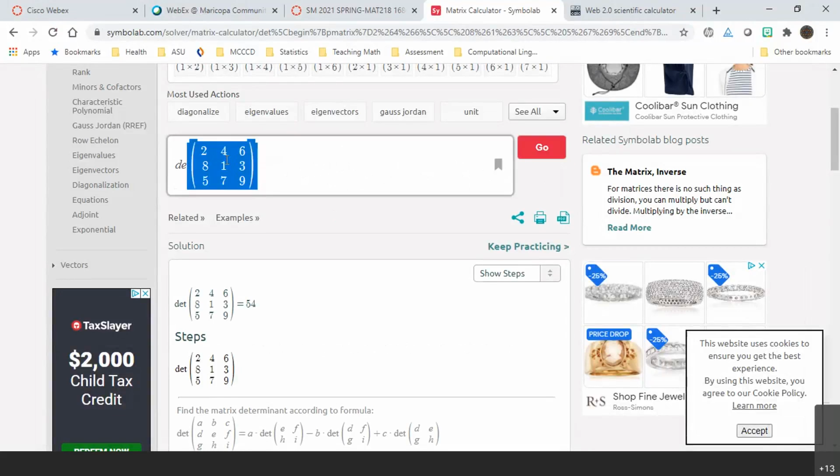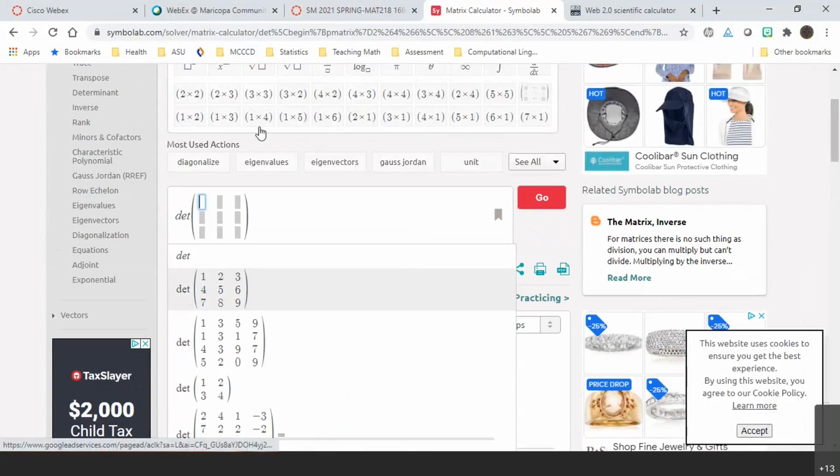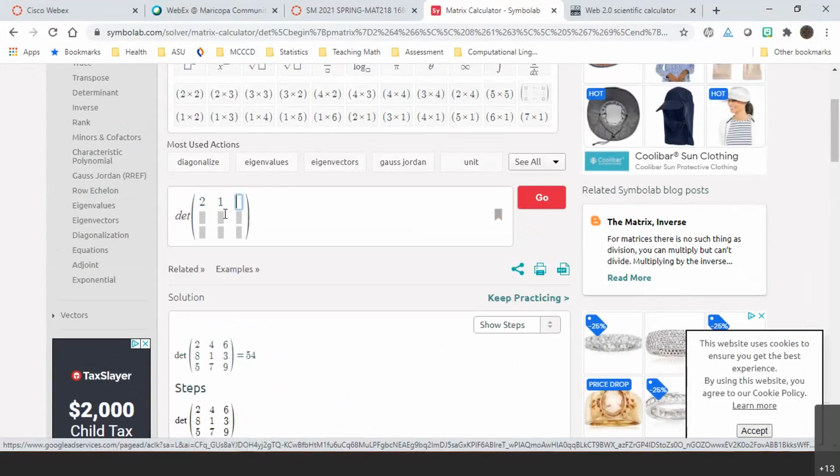So let me erase this one and put in another 3 by 3. That's 2, 1, 1. Then 1, negative 1, negative 1. And 1, 2, 1.